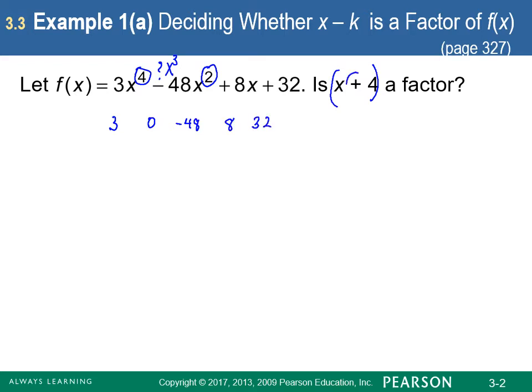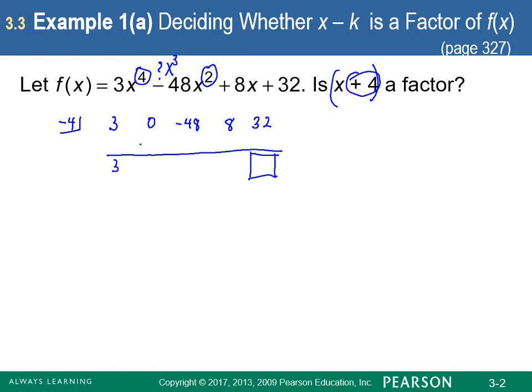Now x plus 4 means we use negative 4 in synthetic division. And so we're simply wondering, do we come out with a 0 in that spot? So here's the process, synthetic division from Section 2.